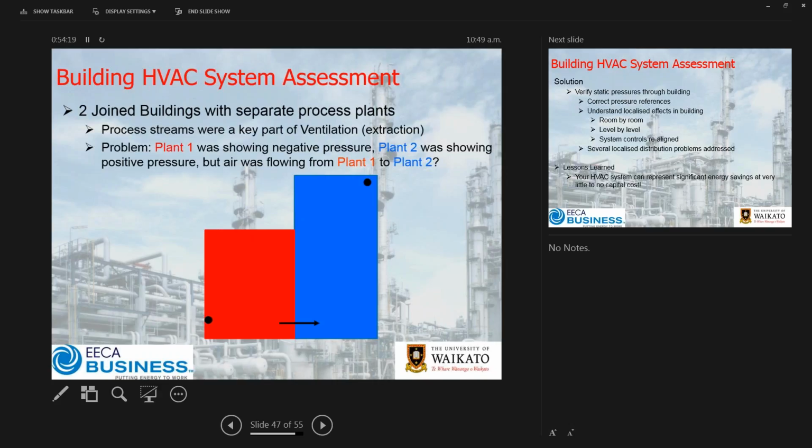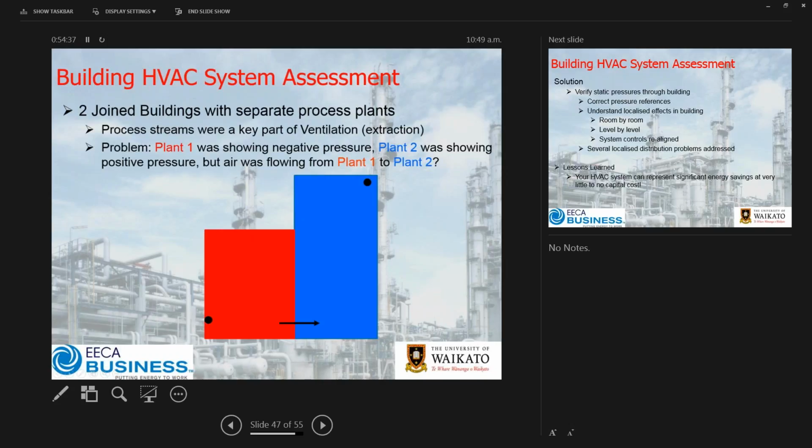Now, of course, the plants had separate HVAC systems, and what was interesting is plant 1, shown in red, had a negative building pressure, supposedly, as indicated by its pressure transducer down here in the bottom corner.